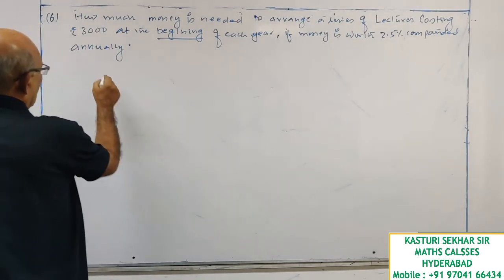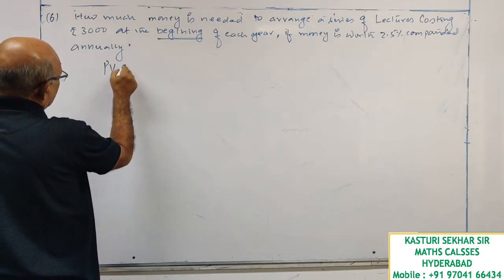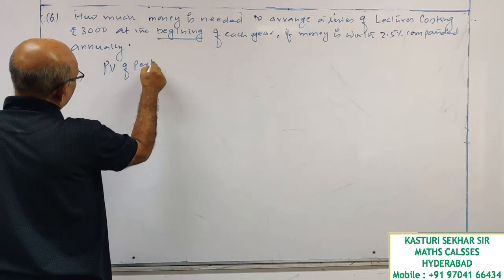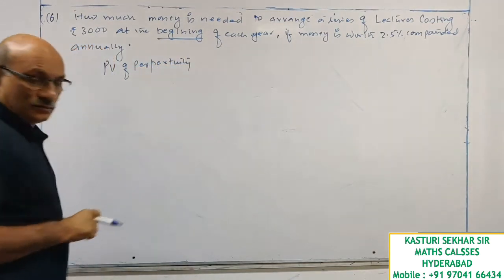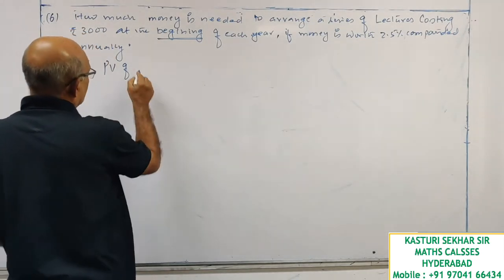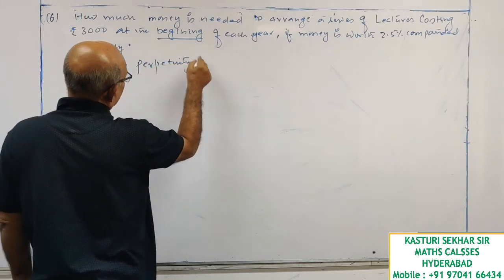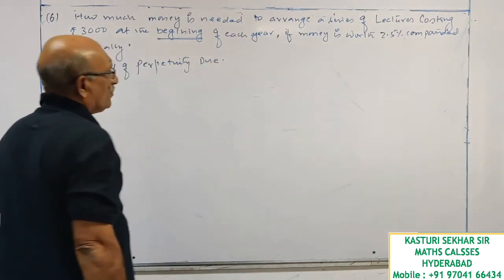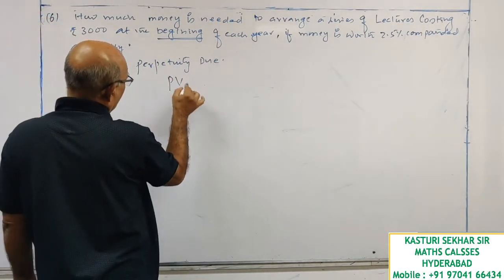Now, this is present value of perpetuity due. So what is the formula for this?